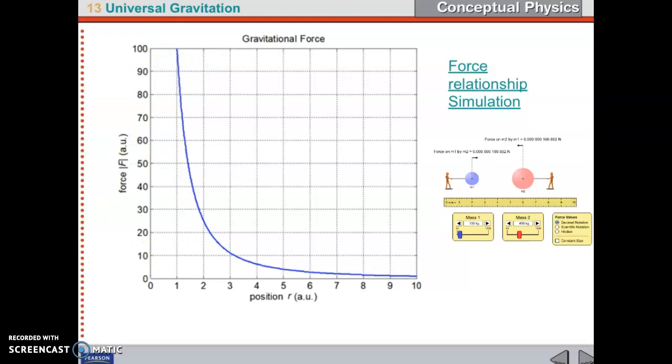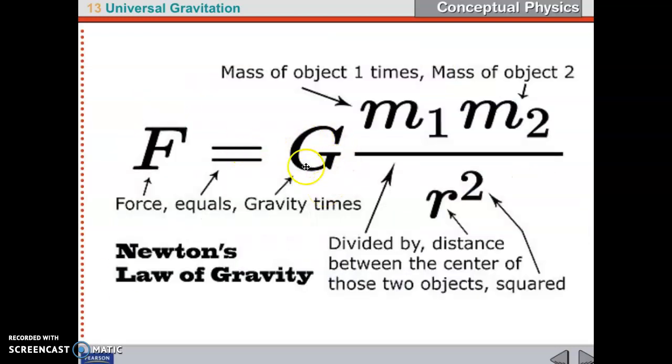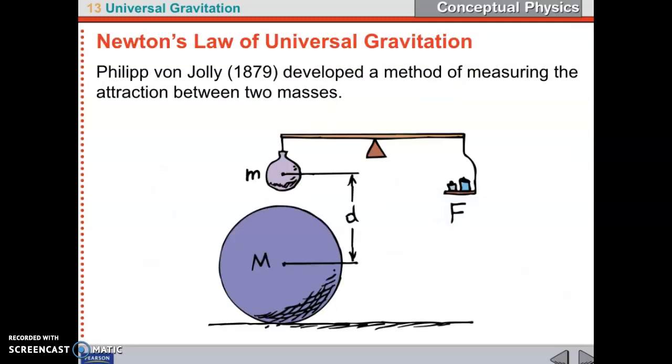Now, what about this big G? Where did that come from? That's called the gravitational constant, and in order to find it, experimental values needed to be taken. It all came down to the work of Philipp von Jolly, a German physicist in 1879, who developed a method of measuring the attraction between two masses.